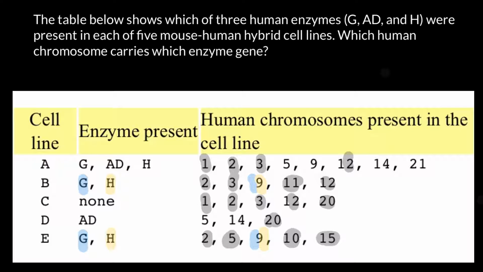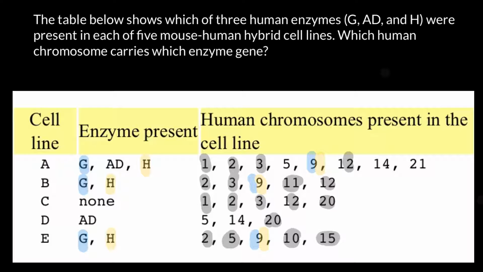So now we are basically left with cell line D and cell line A. And we also can put colors for enzyme G. We know that it is on chromosome number 9, and for the enzyme H, we also know that it is on chromosome number 9. What can we say about chromosome number 5?